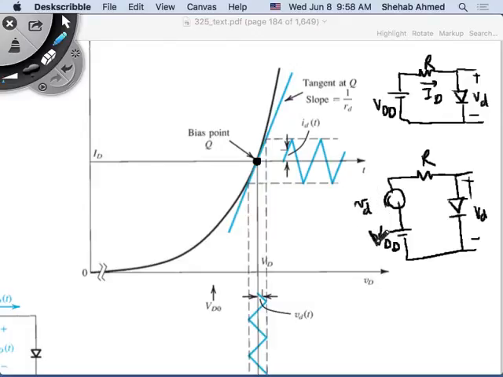Capital V is a DC voltage, and this is like an AC voltage, this triangular voltage. So I've now added a triangular voltage in series with my DC voltage, right? I will still have current flowing in here, but this current is no longer this capital ID that I had before, right?